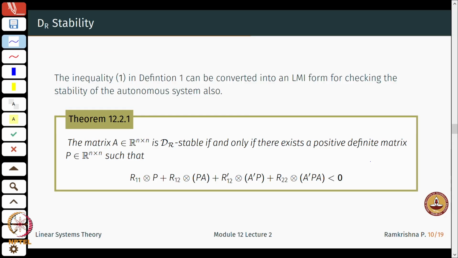So what is the LMI here? How do I check, given an A matrix and a certain D_R region, whether the system represented by the A matrix is D_R stable or not?